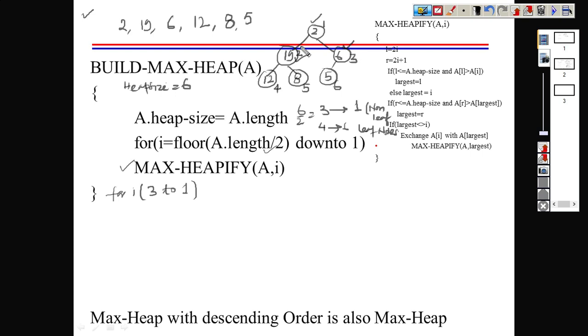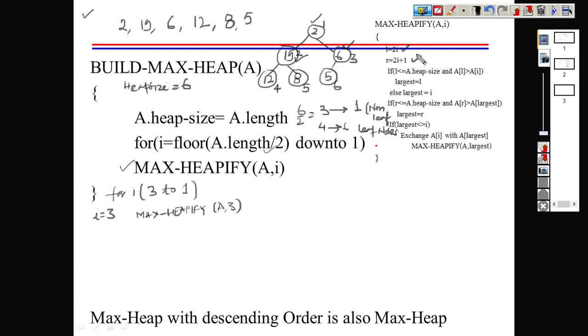So let's say I equals 3. When I equals 3, it will call Max-Heapify A of 3. When you call A of 3, as we have already seen, first you have to find the left child and the right child.